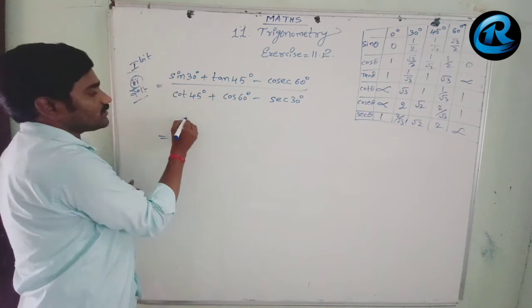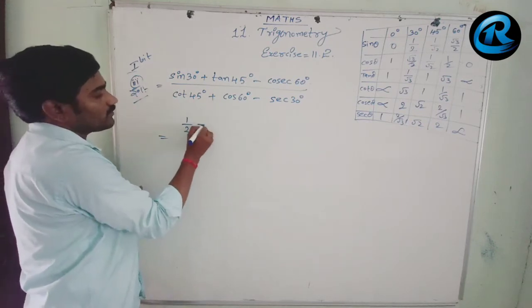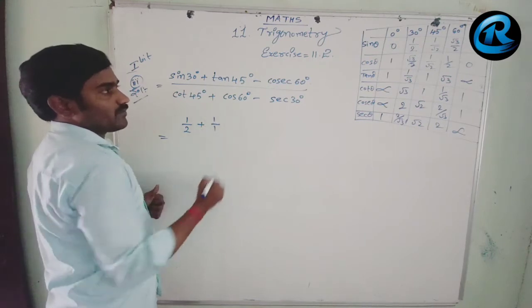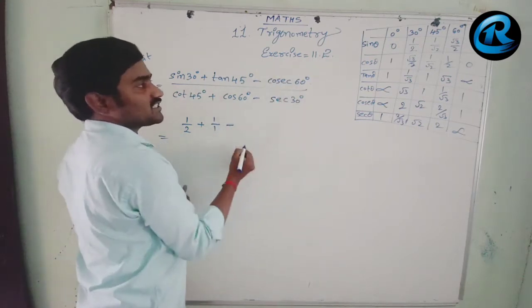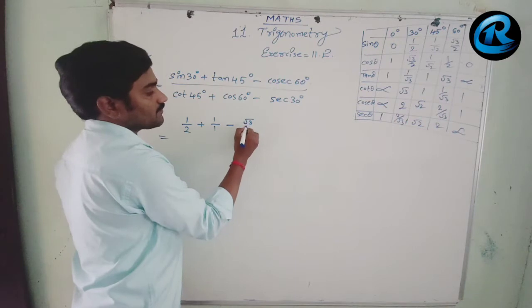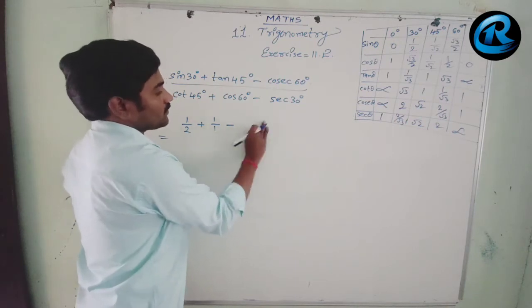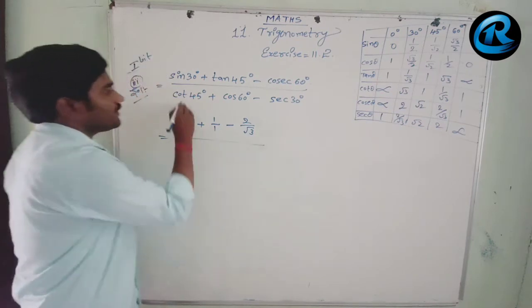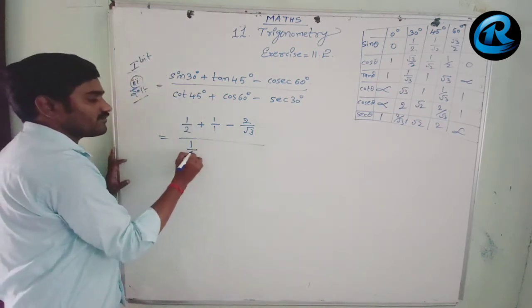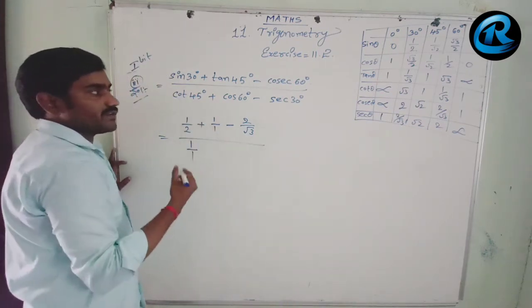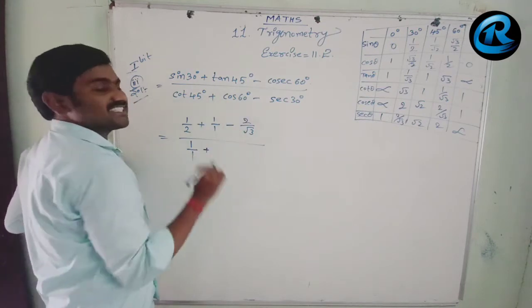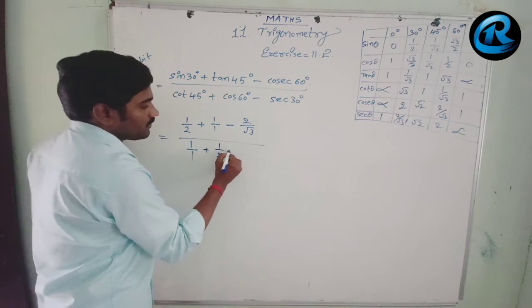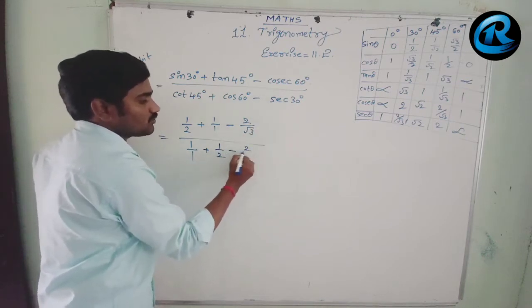Sin 30 degrees value is 1 by 2 plus tan 45 degrees value is 1, that we write as 1 by 1, minus cosec 60 degrees value, that is 2 by root 3, whole by cot 45 is 1, we write as 1 by 1 because we need to write in fractional form, plus cos 60 degrees value is 1 by 2 minus sec 30 degrees value is 2 by root 3.